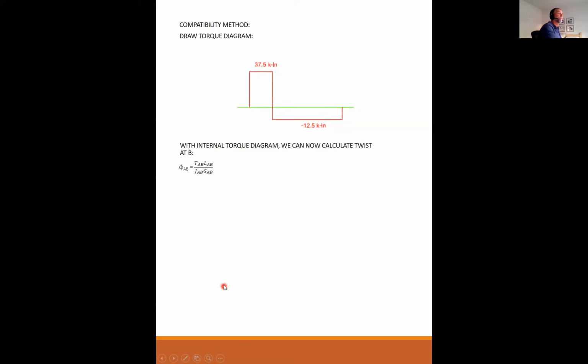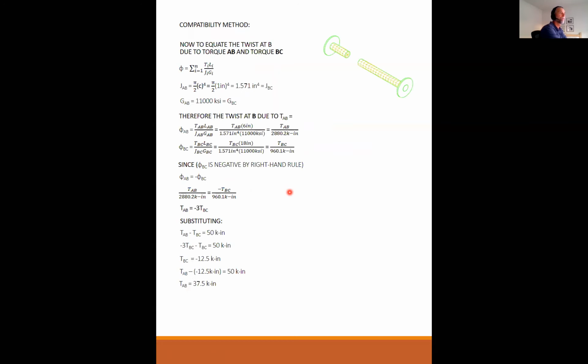So the twist from A to B is equal to the torque AB, LAB, over JAB, GAB. I now have all the pieces. Positive 37.5 times 6 inches over 1.571 over 11,000. And that gives me 0.01302 radians of twist. And if I go back here for a second, okay, so that is the magnitude of this twist right there. And it is positive by the right-hand rule.